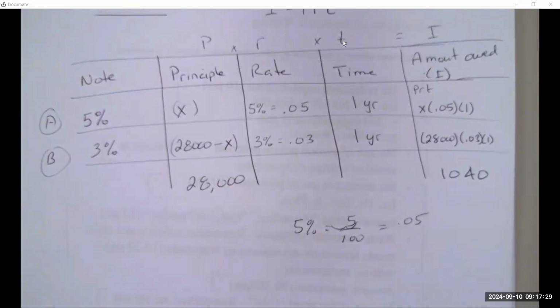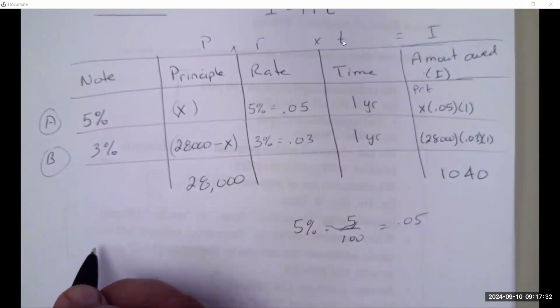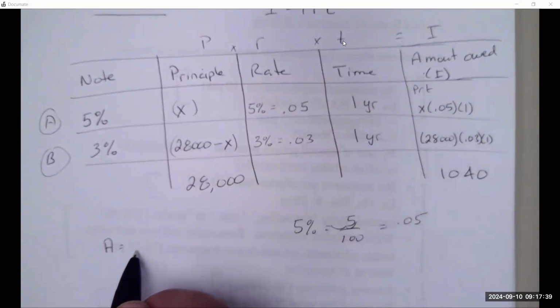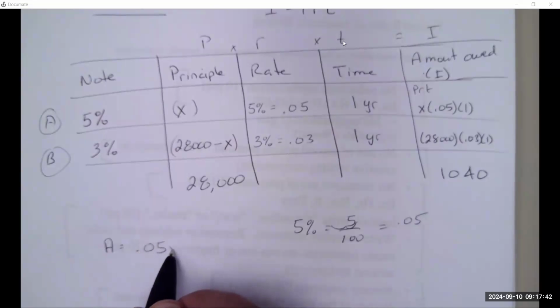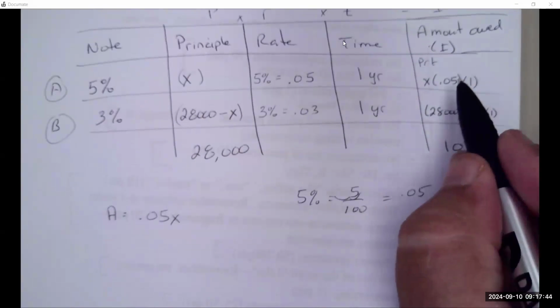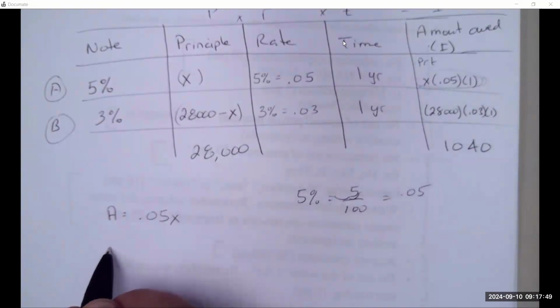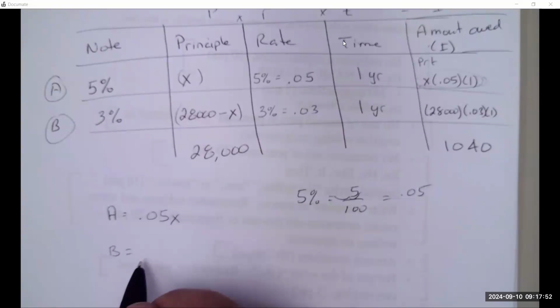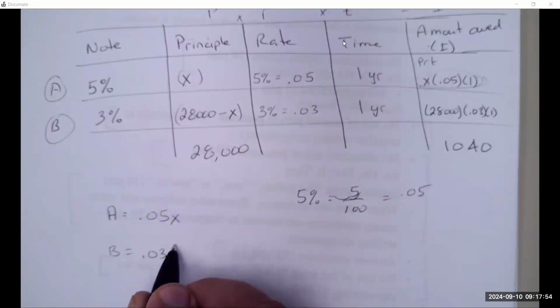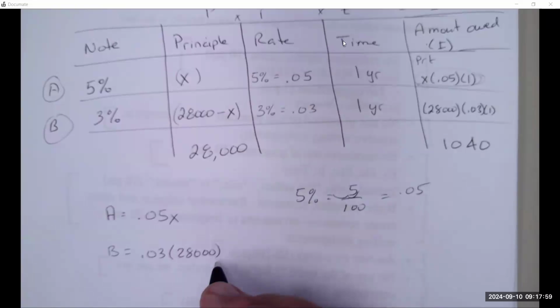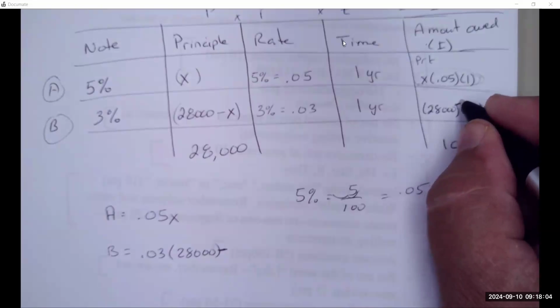So now we have our equations. We have the amount of interest for A, which is 0.05x, which is this right here. And for B, we have 0.03 times 28,000 minus X. There's minus X in this one.